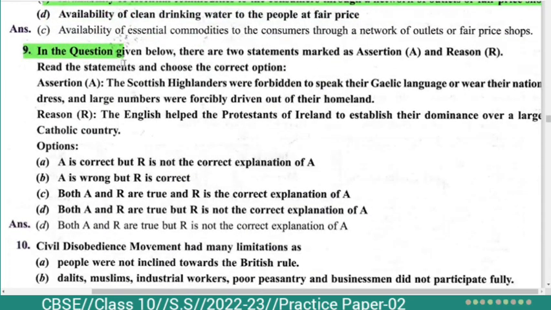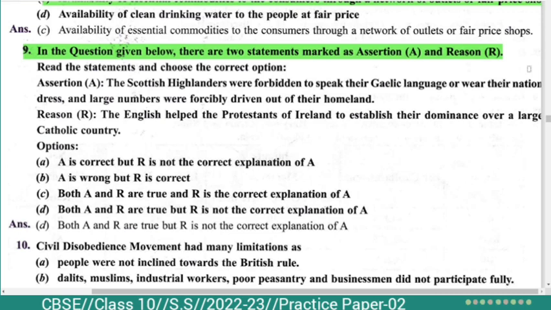Ninth question. In the questions given below, there are two statements marked as assertion and reason. Read the statements and choose the correct option. Here assertion is given that the Scottish Highlanders were forbidden to speak their Gaelic language or wear their national dress, and large numbers were forcibly driven out of their homeland. Reason: the English helped the Protestants of Ireland to establish their dominance over a large Catholic country.